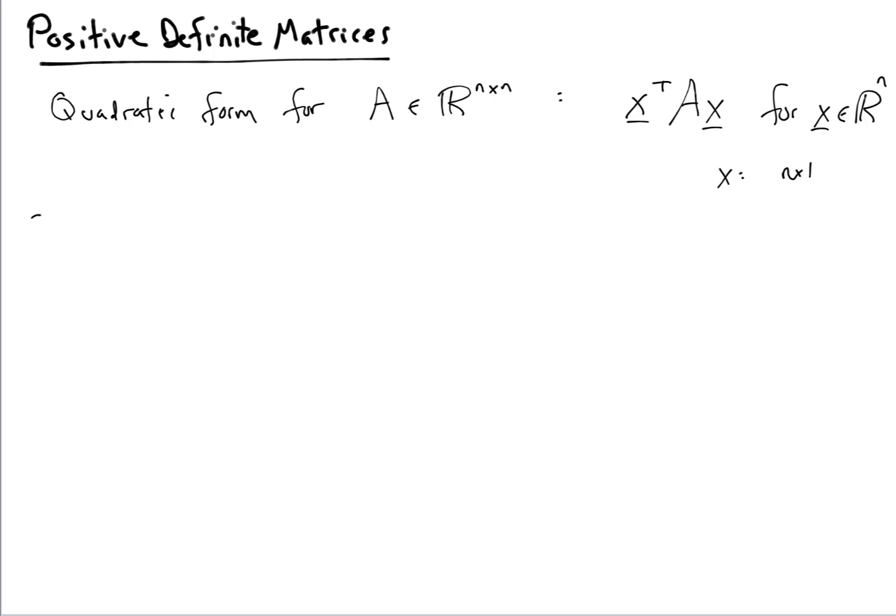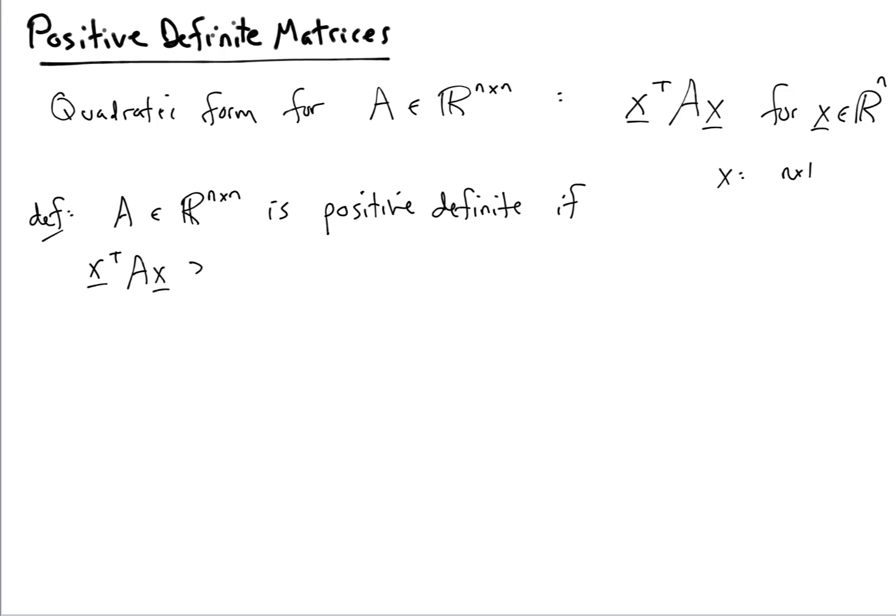We say that A in R^(n by n), so an n by n real valued matrix A, is positive definite if that quadratic form, x transpose Ax, is greater than 0 for all x in R^n such that x differs from the 0 vector.